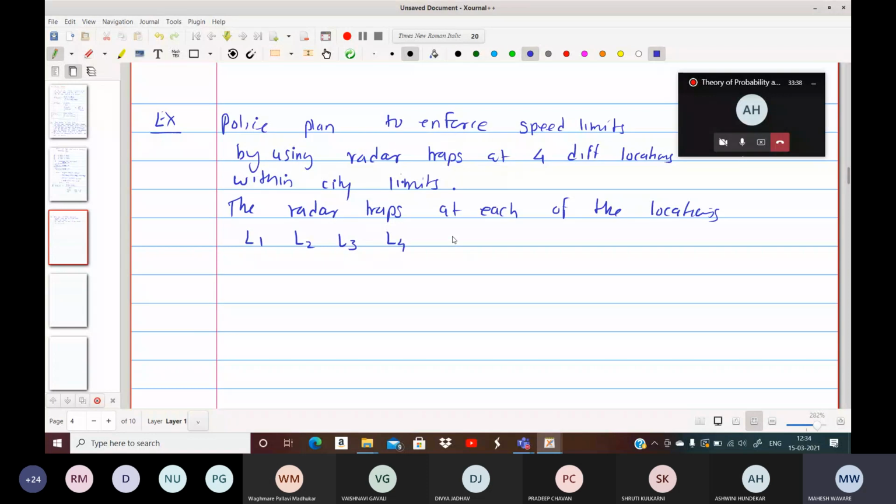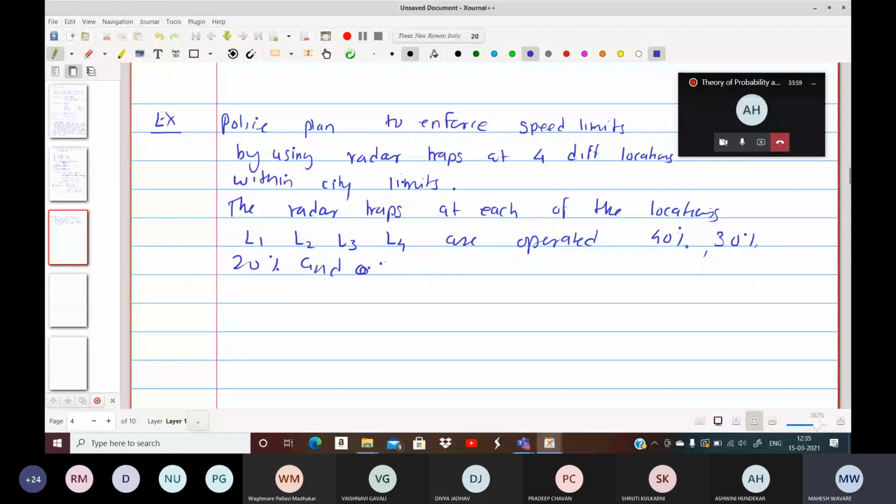So 40% means out of 1 it is 0.4. Next is 30%, that is 0.3. Next is 20%, that is 0.2, and 30% last.